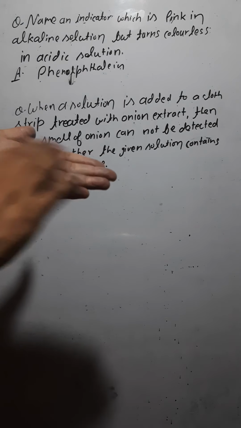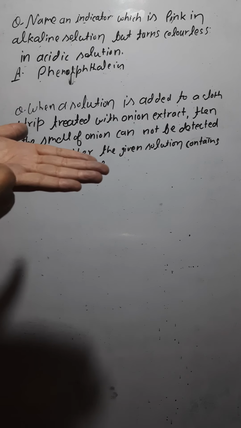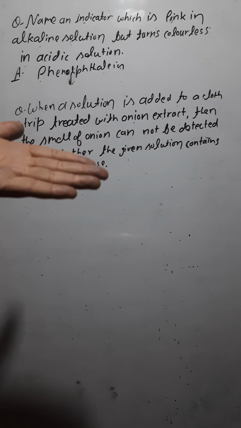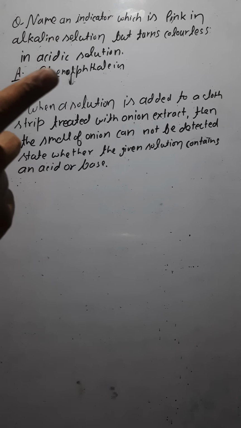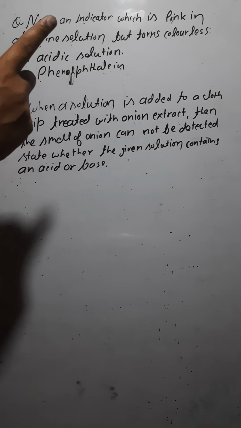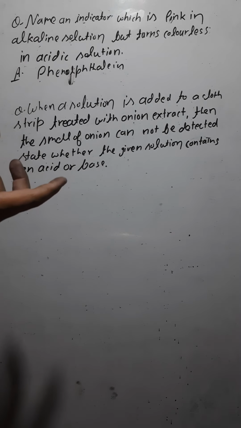So which solution did you add to this cloth strip so that the smell of the onion has been lost? We have discussed in the case of the olfactory indicators, like onion. So onion is an olfactory indicator.